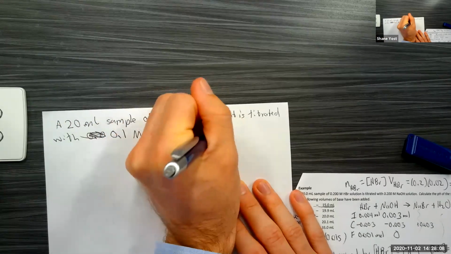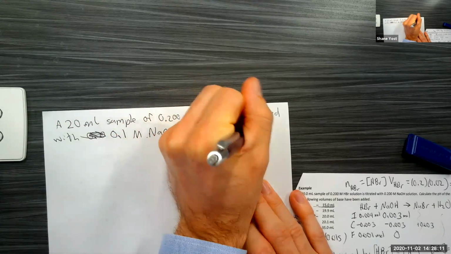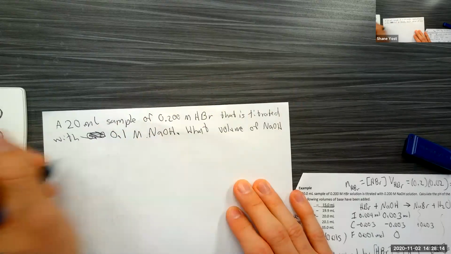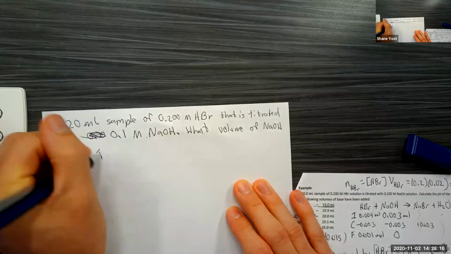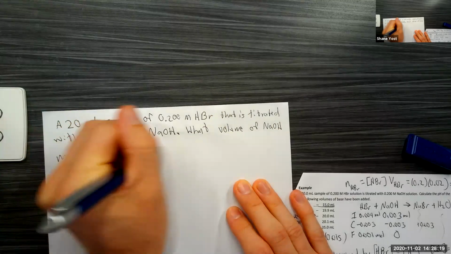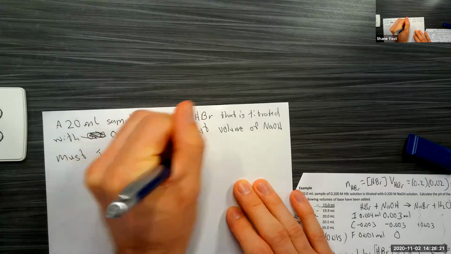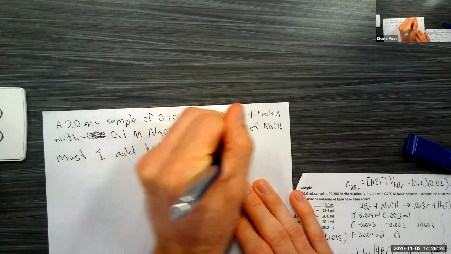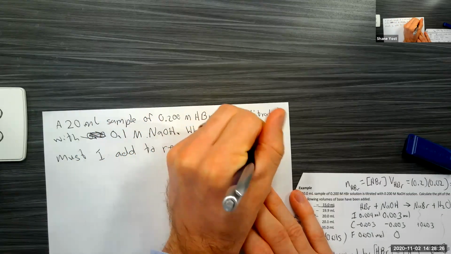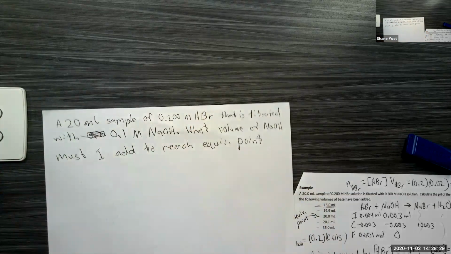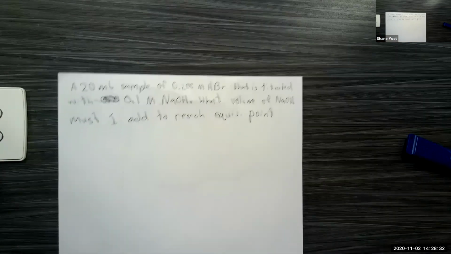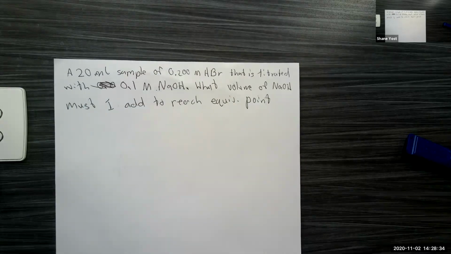What volume of NaOH must I add to reach the equivalence point? So I have some sample of 0.2 molar HBr titrated with 0.1 molar sodium hydroxide. And the question is, what is the volume of sodium hydroxide that I have to add to reach the equivalence point?